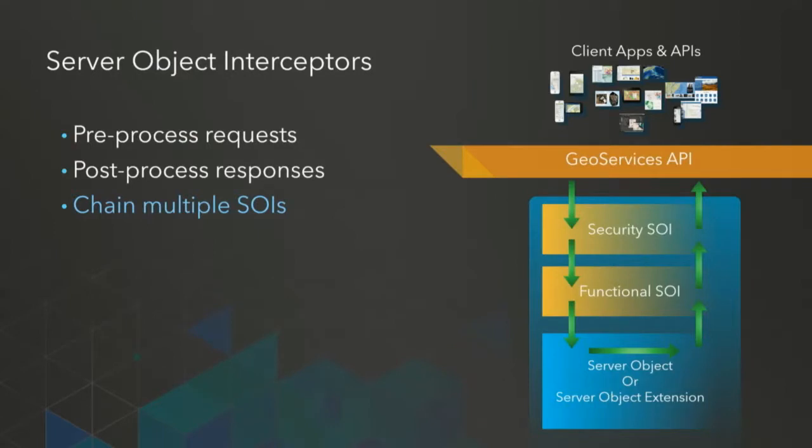All that you're doing in your program is pre-processing the request, and you get a capability to post-process the response. What's new in the release that just came out last month, the 10.4 release, is that you can chain these SOIs together. So developers and business partners like you can complement the functionality on the same service, and so you can build rich server-side applications based on this.